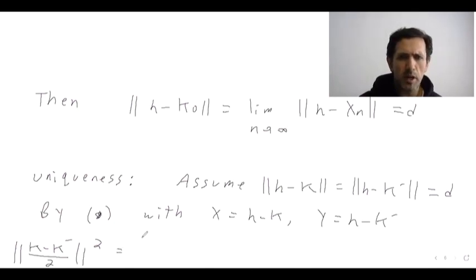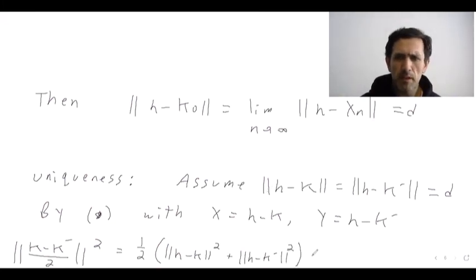So this is given by 1/2 norm of X squared, H minus K, plus norm of Y squared, minus, again, just plug in, you'll see it's going to be H minus K plus K prime over 2 squared.